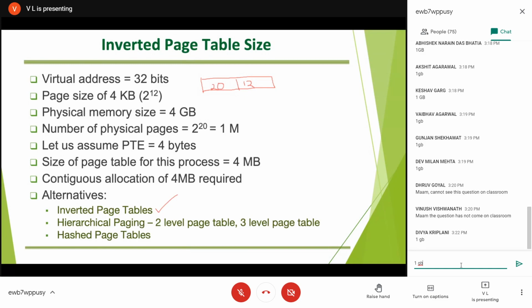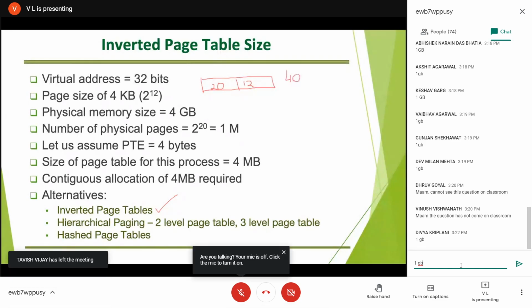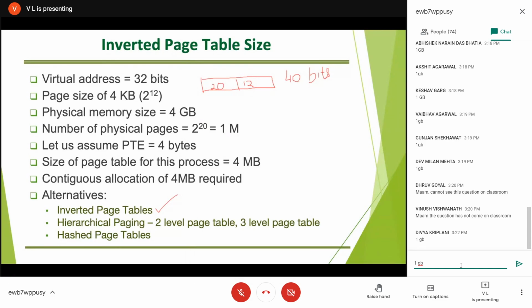So I'll ask you another question. Let's say the virtual address space is 40 bits, and page size is, let's say, 16 kilobytes. And physical memory size is, let's say, 256 gigabytes.